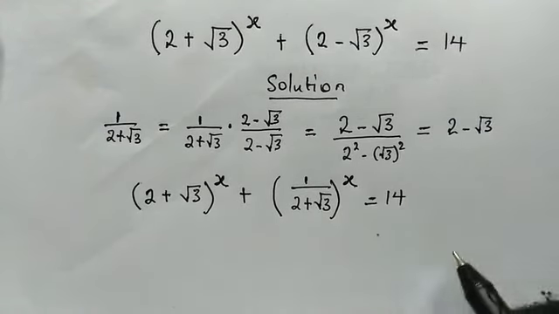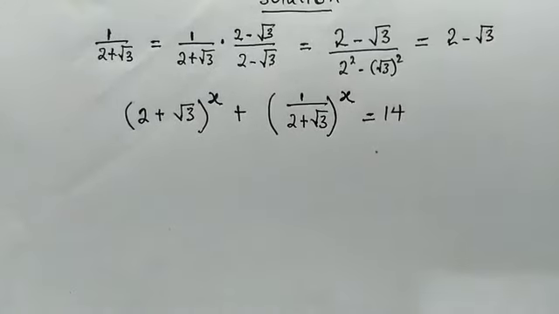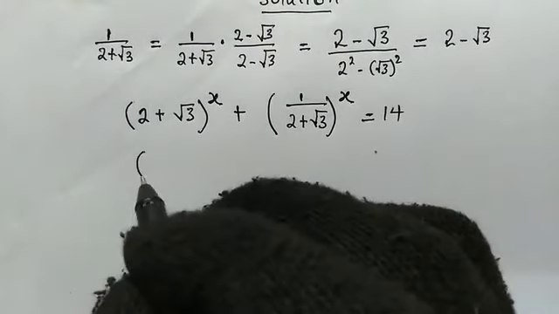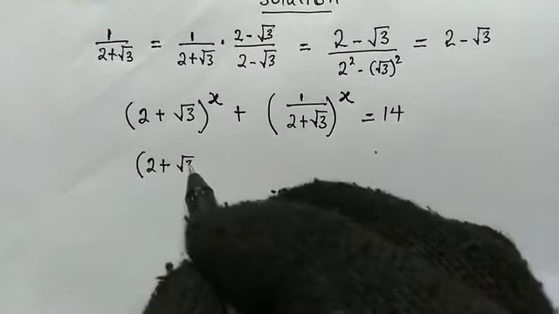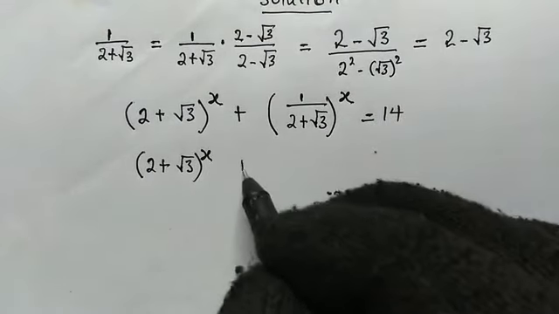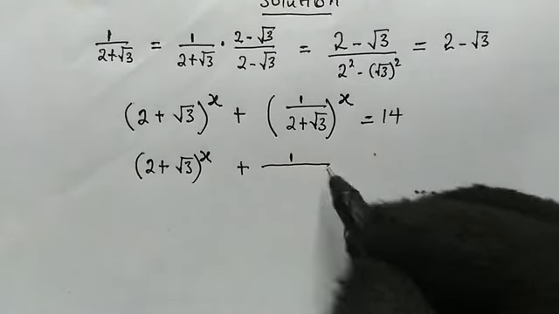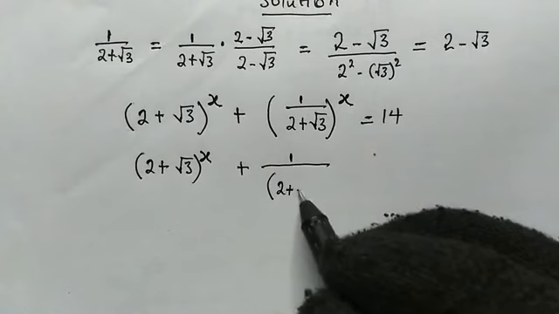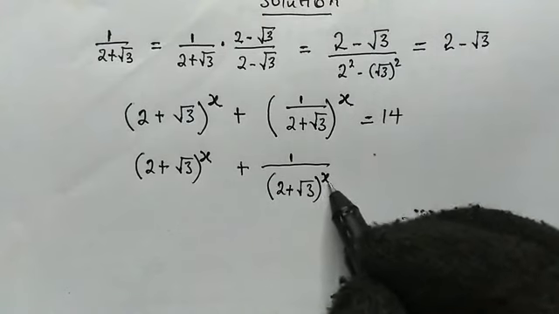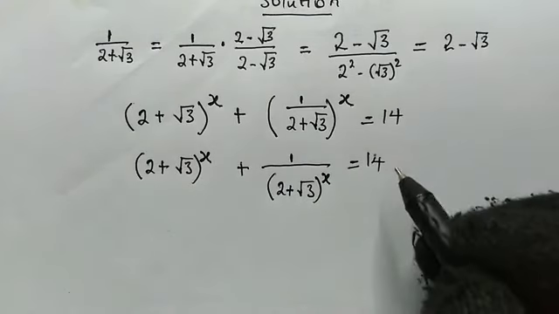This equals 14. So from here we have 2 plus root 3 to the power of x, then plus 1 to the power of x, which is just 1, divided by 2 plus root 3 to the power of x, equal to 14.